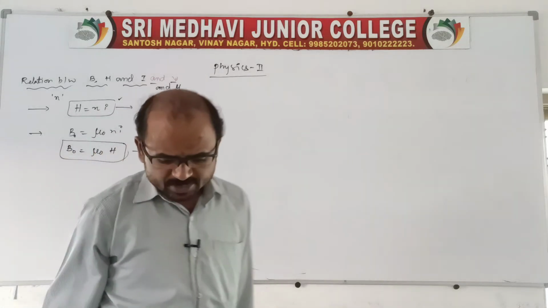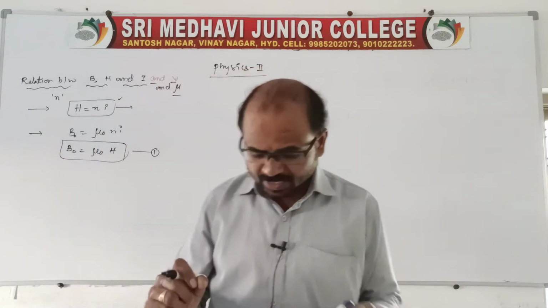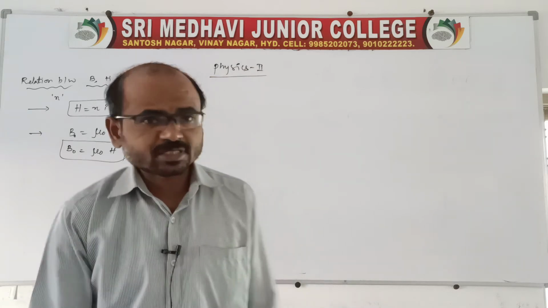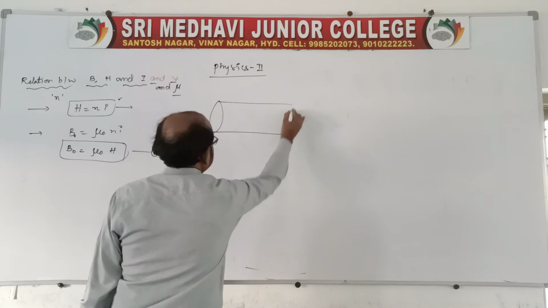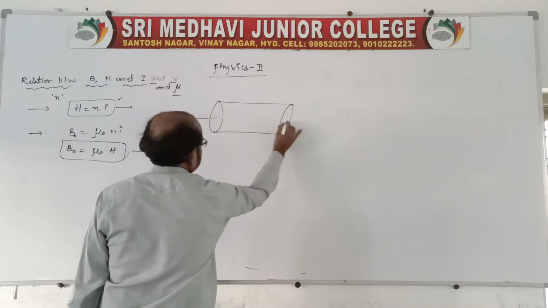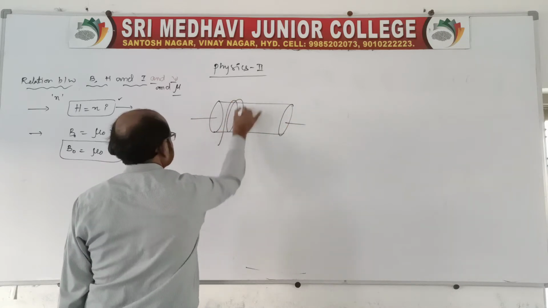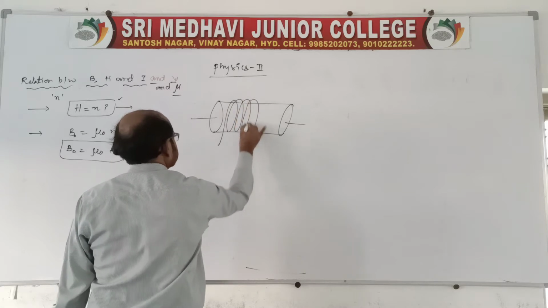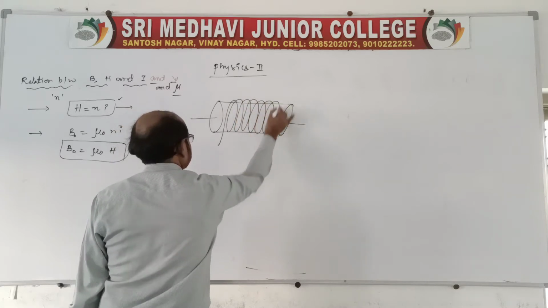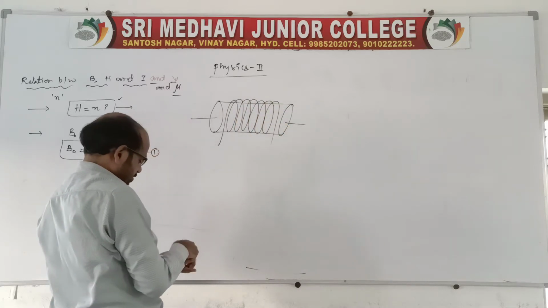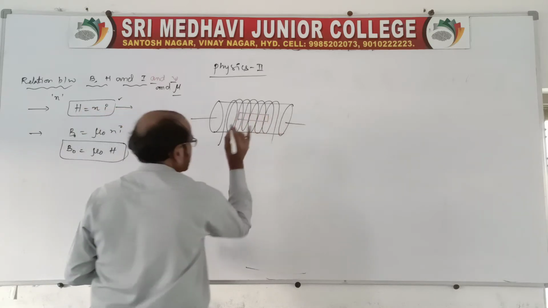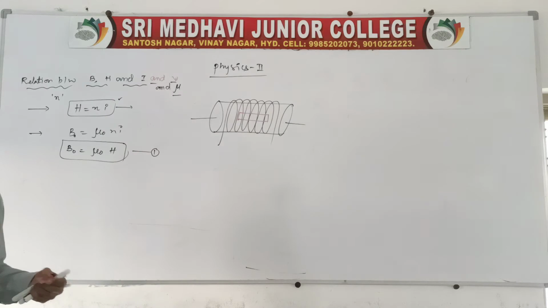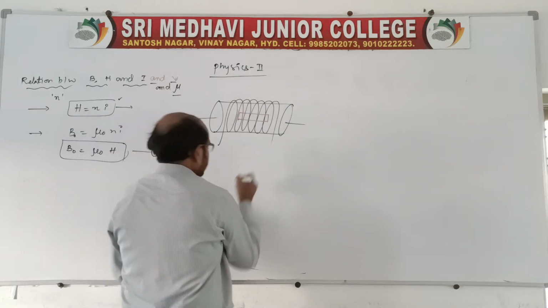And coming to the point, when a magnetic material is kept in a solenoid, suppose you take a solenoid, which contains N number of turns. Now you keep a magnetic material inside it. That substance acquires a magnetic moment because of the current carrying solenoid.